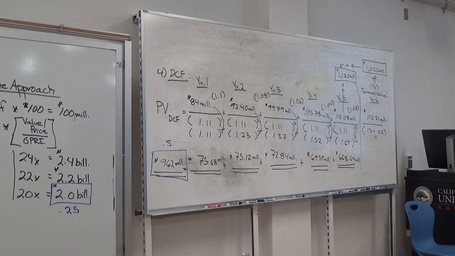So what's this? 76.4? Is that right? I think it's 764. Is it 7.64 or is it 76.4? 7.64, is that what you're telling me?